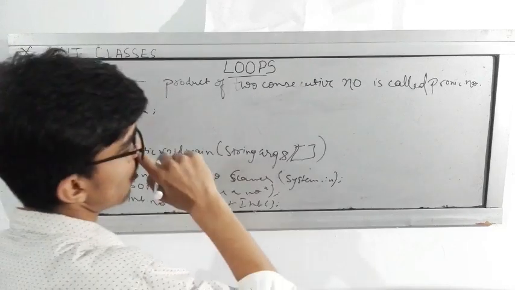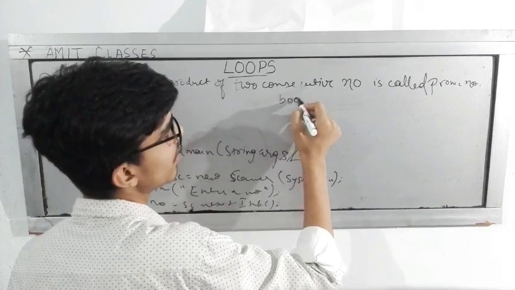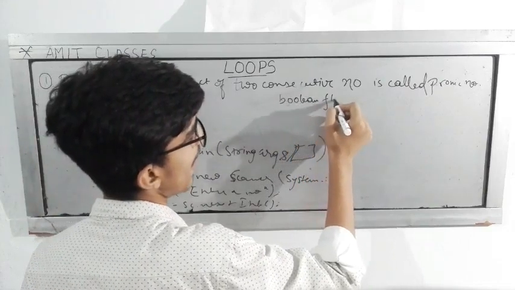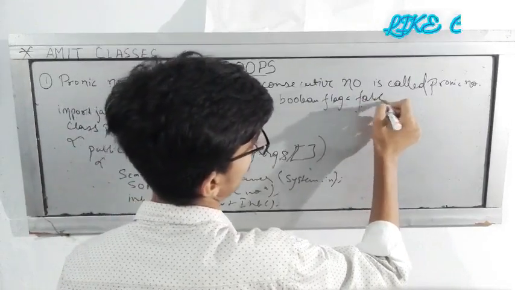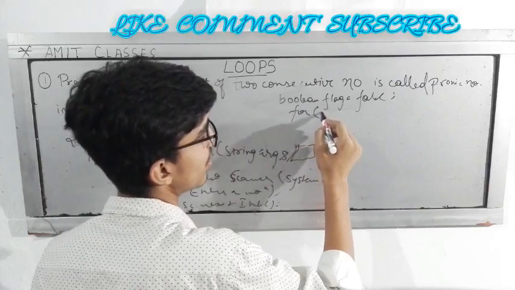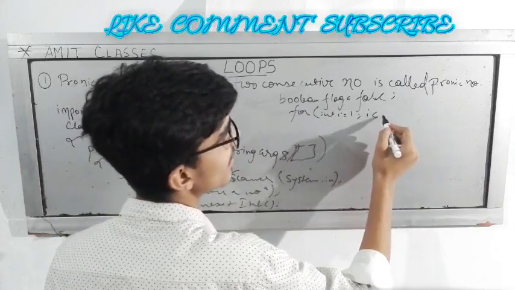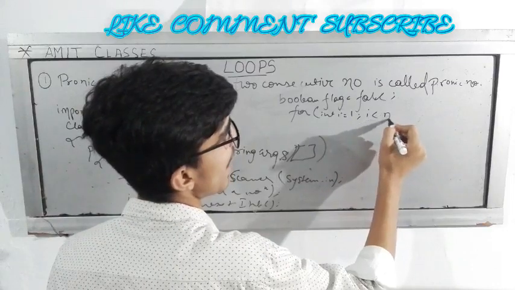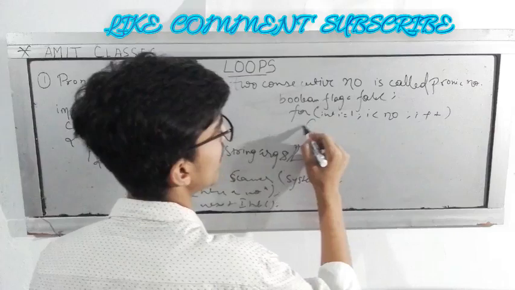We'll take one variable, boolean flag is equal to false. Now for int i is equal to 1, i is less than no, and i plus plus.